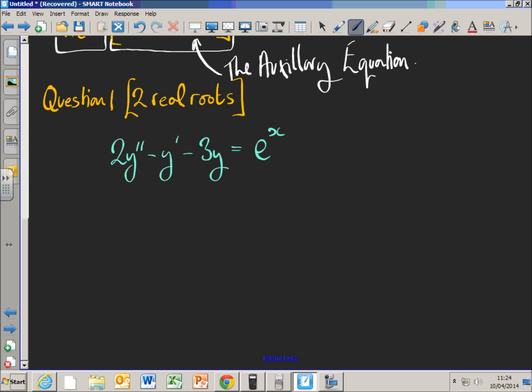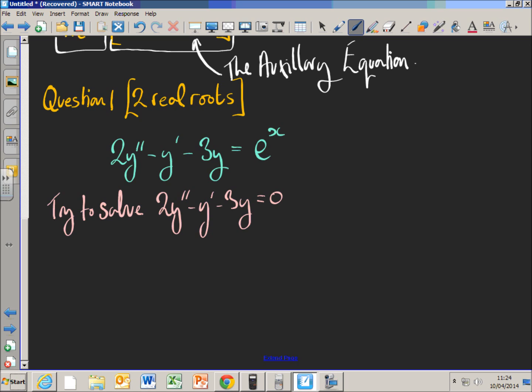The first thing we're going to do is solve that reduced equation, 2y'' minus y' minus 3y equals 0. And then we do exactly what we did before, but I don't really have to put that step in now because I know I just make y something e to the mx, and then solve the auxiliary equation.